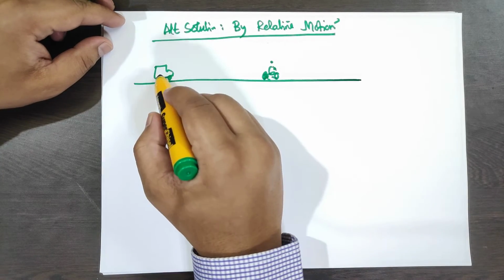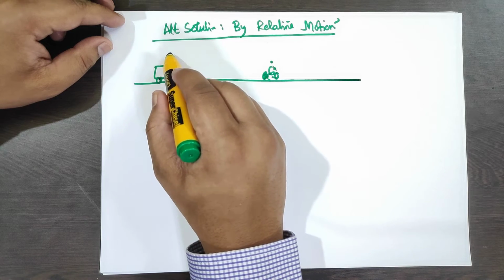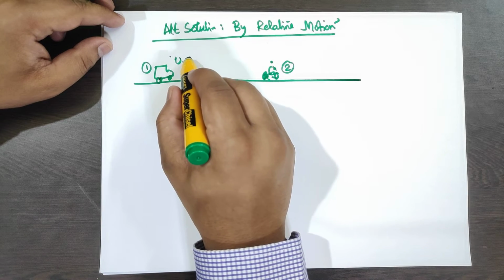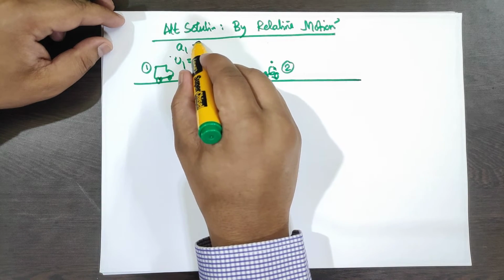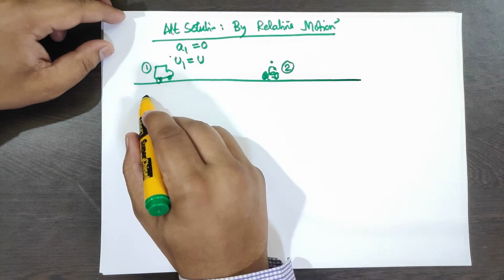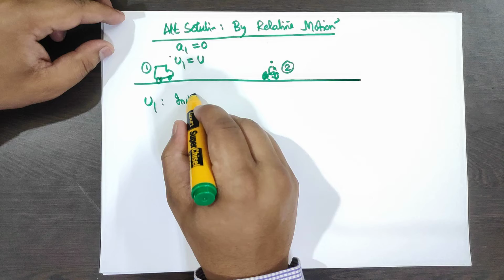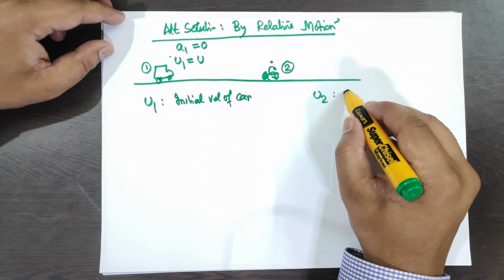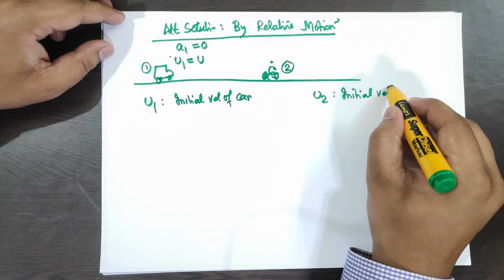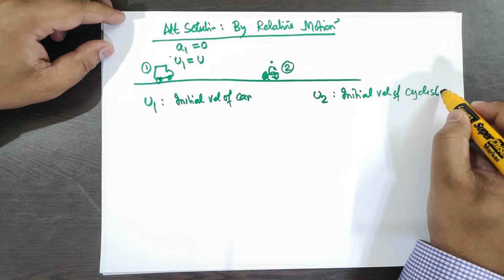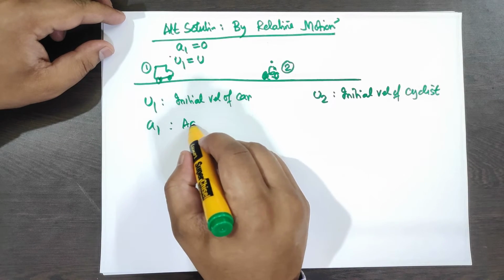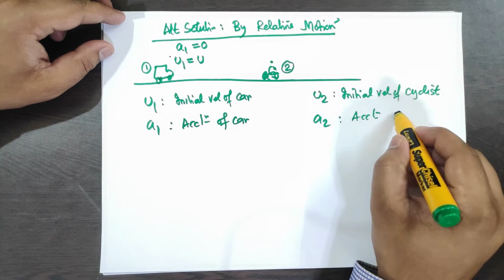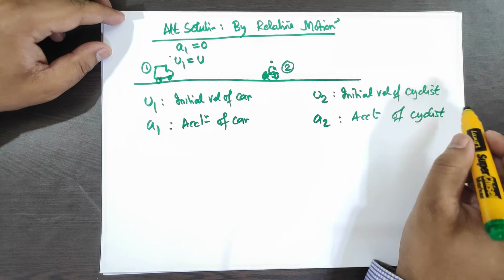So name the car 1 and the cyclist 2. u1 is the initial velocity of the car, equal to u, and a1 is 0. u2 is the initial velocity of the cyclist, a2 is the acceleration of the cyclist.